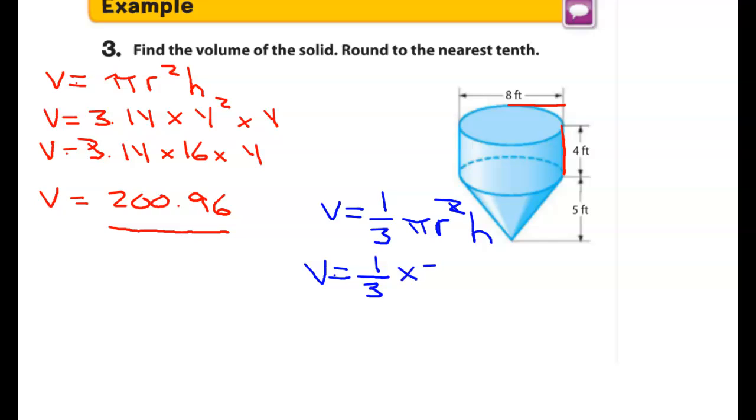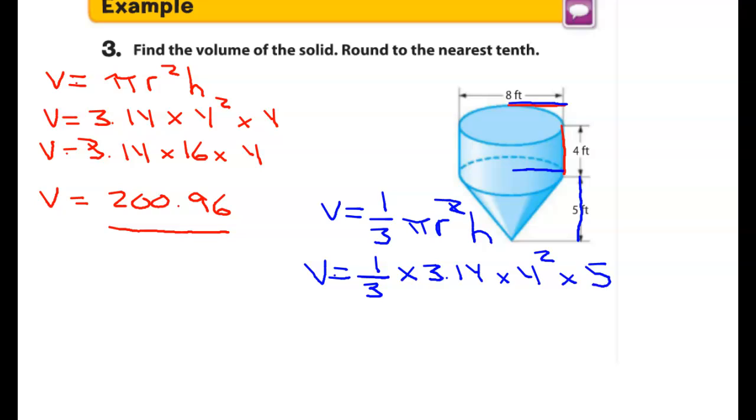So times 3.14. Now the radius is still halfway across, you guys. So the radius is still going to be 4. So times 4 squared times the height. And then the height down here is 5. So we can't take the exact same numbers.